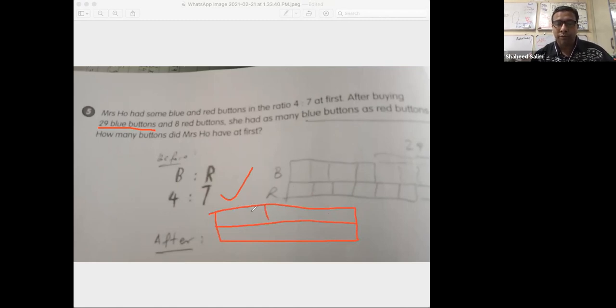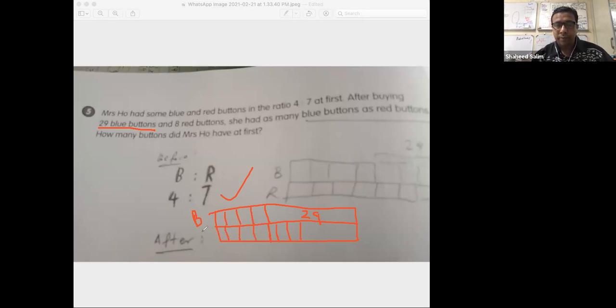Let's say down here this is 4, okay? So blue, this is B. Down here, you have to buy 29 buttons. Whereas for red is 7. So this is 4 down here. Let's say 5, 6, 7 somewhere here. Roughly lah.